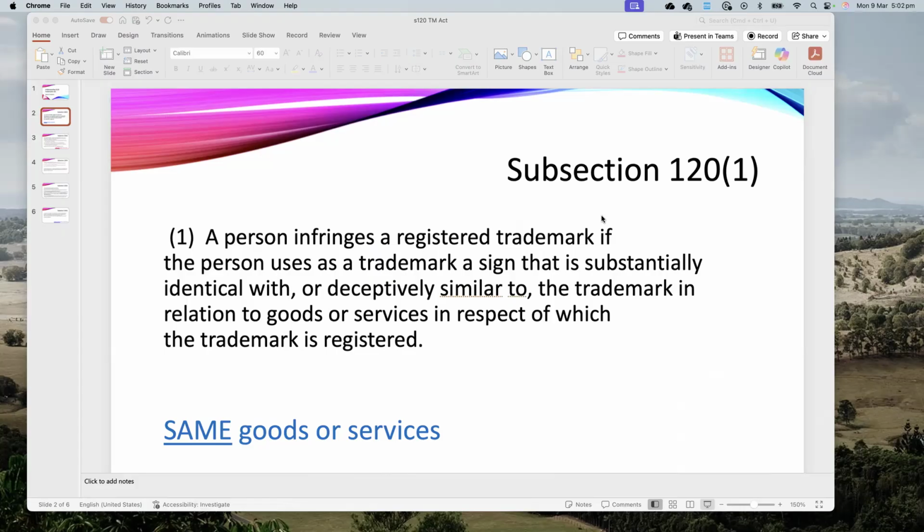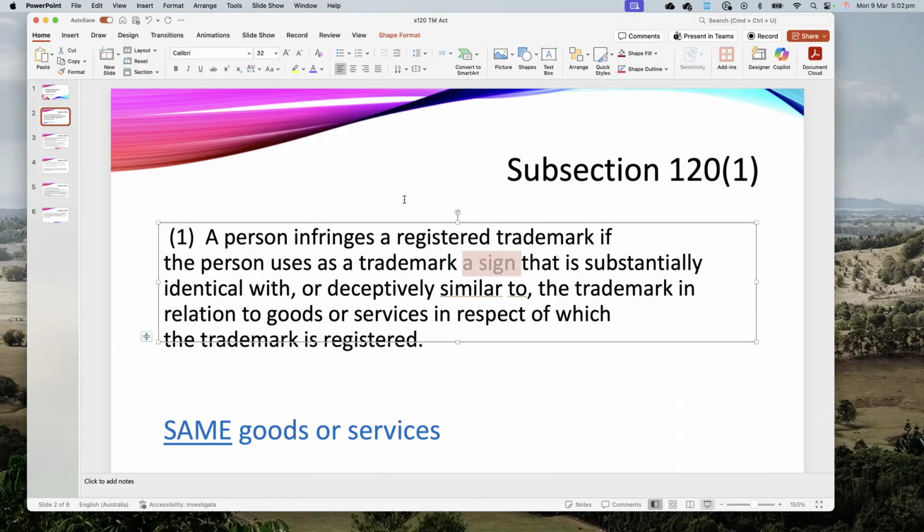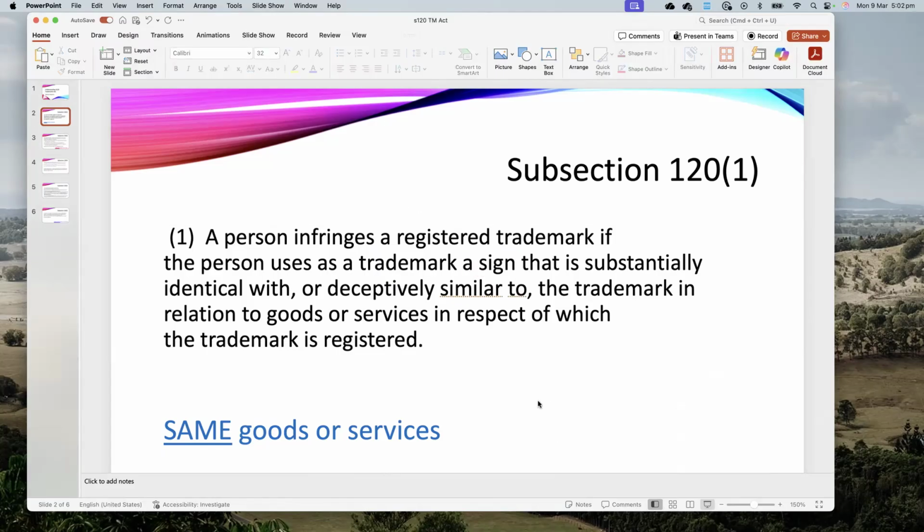If it is subsection 1 that you're applying, then what you need to do is make sure that the allegedly infringing mark is being used as a sign, right? So this means it is being used as a badge of origin in trade or commerce. And then you need to check whether it is substantially identical with or deceptively similar to the registered trademark.